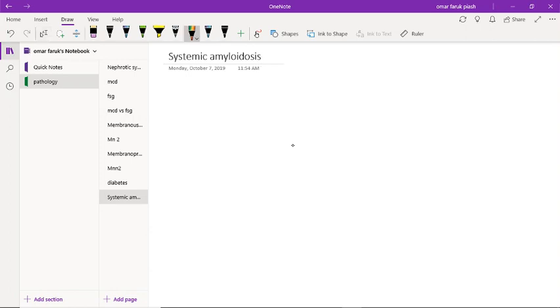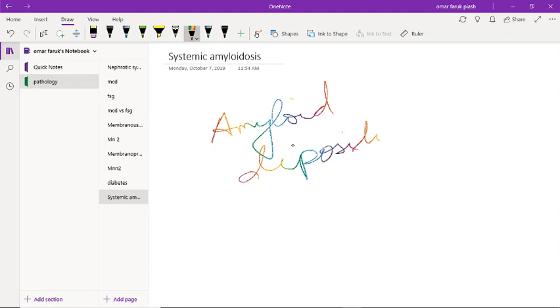In systemic amyloidosis, what you have to remember is that there is amyloid deposition in the mesangium, and it results in nephrotic syndrome.